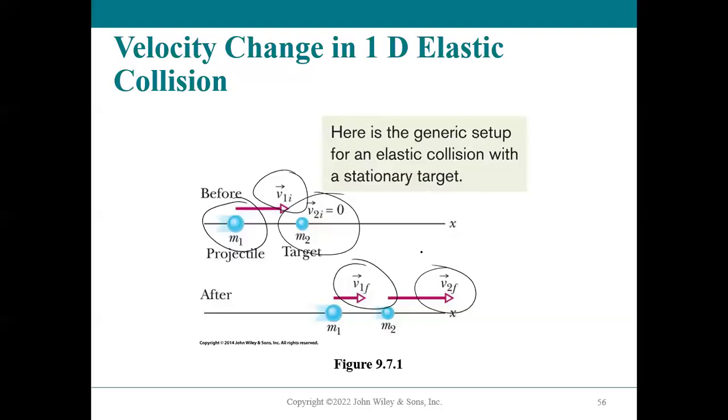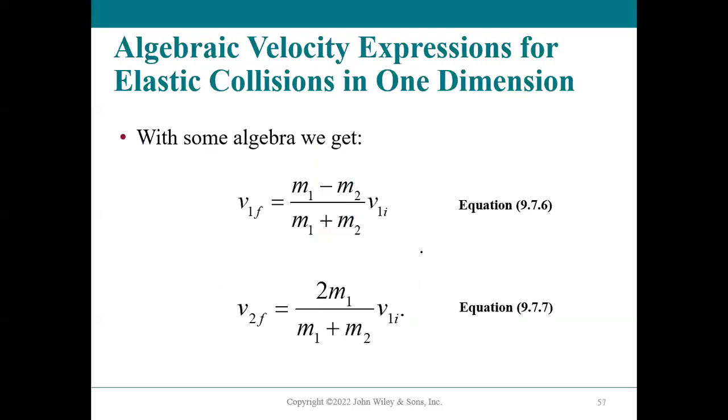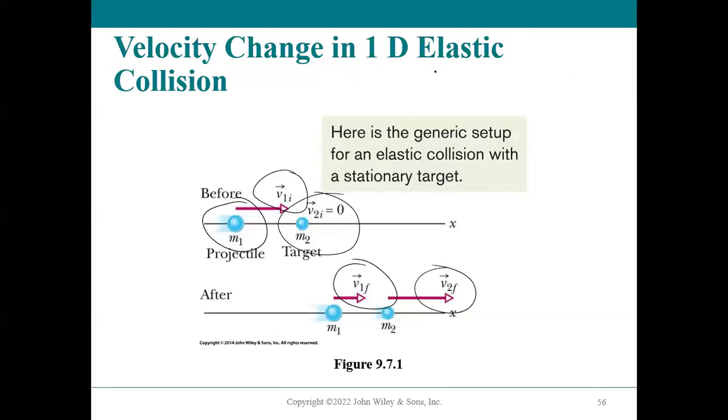So we can say that the total momentum in the initial condition is the same as the total momentum at the final condition, that is P1i plus P2i equals P1 final plus P2 final.